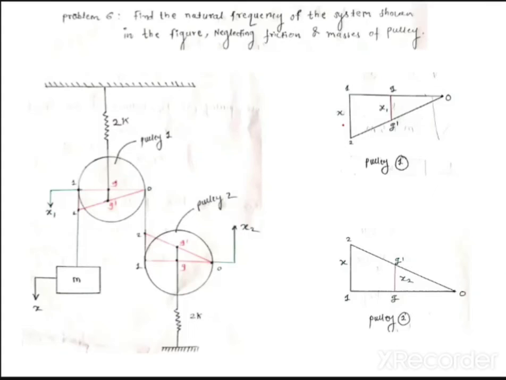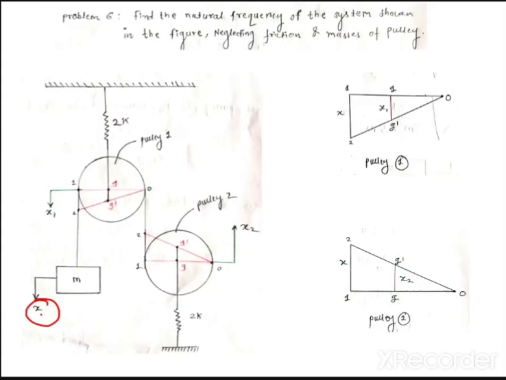So what did I get from this derivation? When you give x as the displacement, see, we are solving problems on a single degree of freedom system. I only want one parameter, I don't want all the parameters. So I have to get a relation between x, x1, and x2. Till now we had only two coordinates, x and theta, or maybe x and y, and we got a relation.